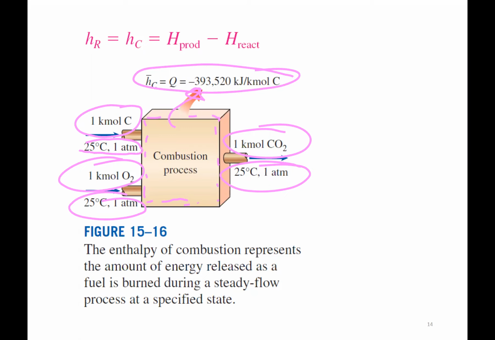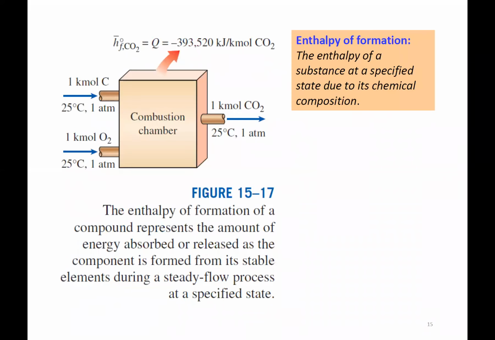And for CO2, the enthalpy of the reaction is equal to the enthalpy of combustion, which is also the enthalpy of formation in this case, because it's from stable elements. How we signify the enthalpy of formation is with h subscript f, and this degree symbol tells us it's at standard conditions, so a pressure of 1 atmosphere and a temperature of 25 degrees Celsius.